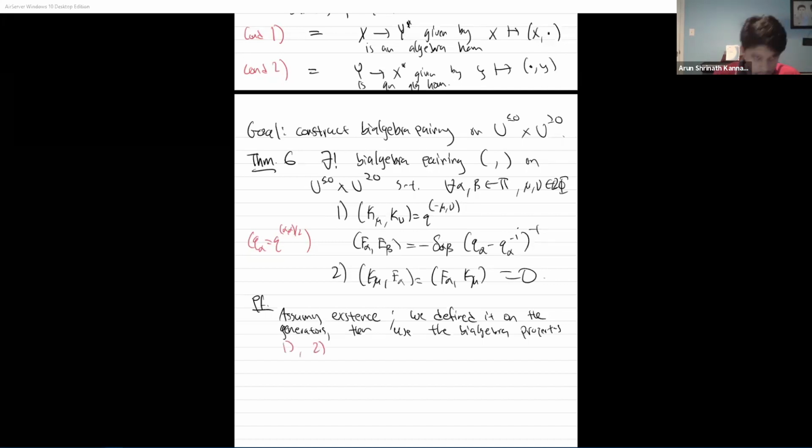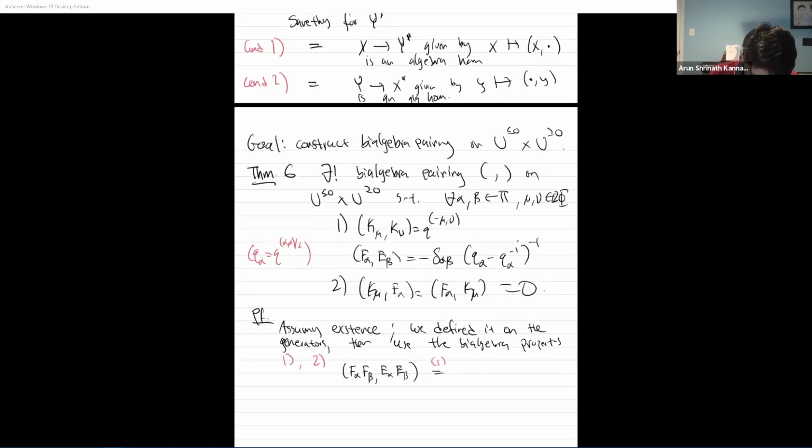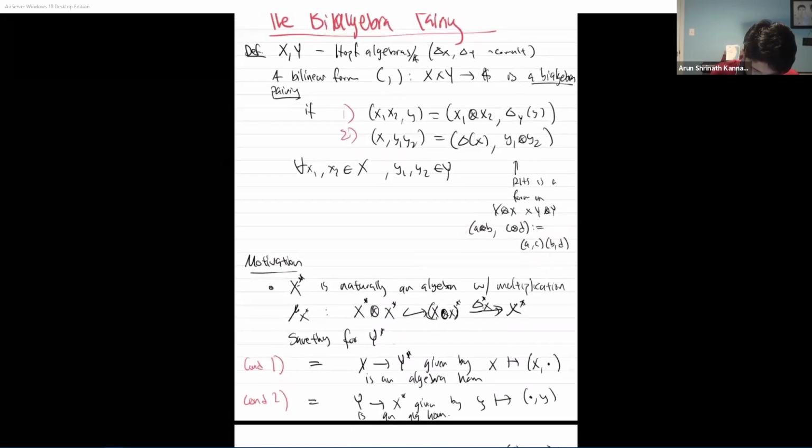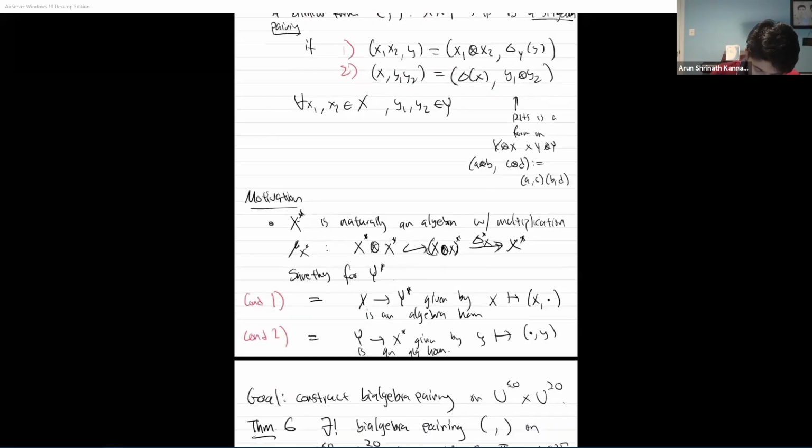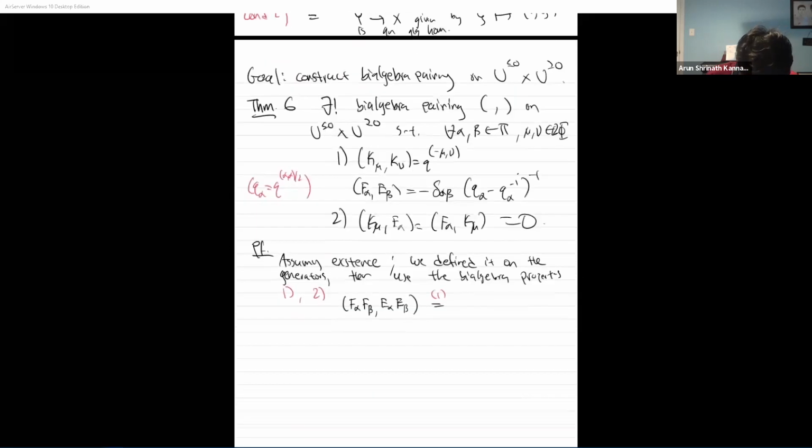A really short example here, just to get the idea of it: let's say you want to compute F alpha F beta with E alpha E beta. Then you can use relation 1 here. Let me remind you of that. This relation here. And so this ends up becoming.